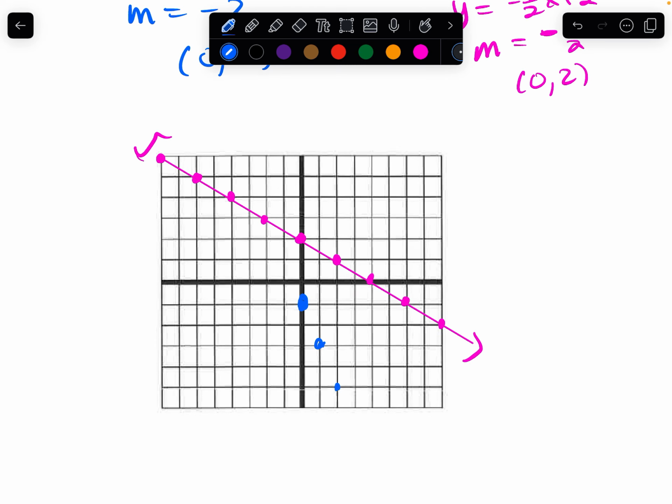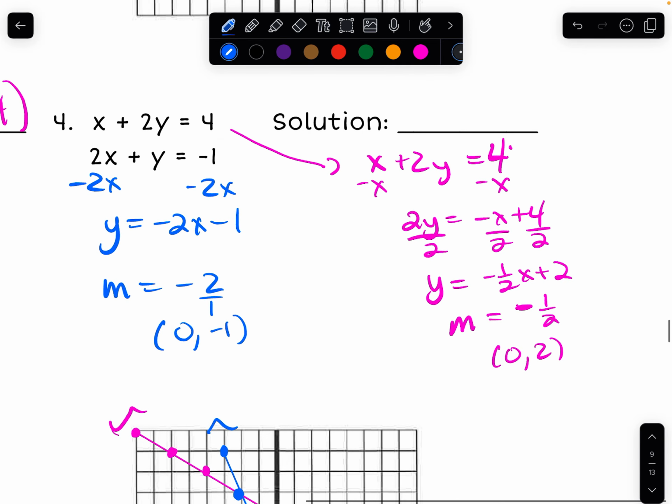And I look at this. Oh, it's not going to hit in this direction. So I need to go up 2 and to the left 1. Look, they ran into each other. Now, up there is where they ran into each other. So that's going to be the point. It looks like -2, 3. So they ran into each other at the point -2, 3.